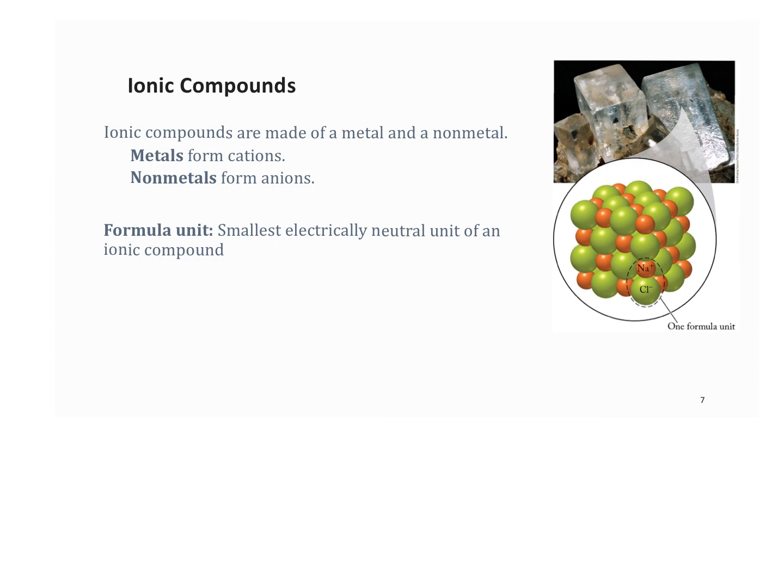Metals form cations, which are positively charged, and nonmetals form anions, which are negatively charged. We describe this kind of complex as a formula unit, and that's just the smallest electrically neutral unit of an ionic compound.